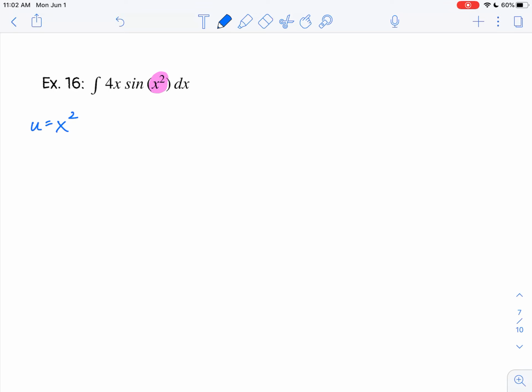Now we're going to find our du, which is going to be the derivative of x squared, 2x dx. Now, I look at the equation here, and I notice that I have 4x dx. So instead of dividing this 2 away like I normally do, I'm just going to multiply both sides of this differential by 2.